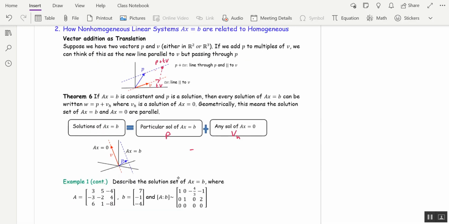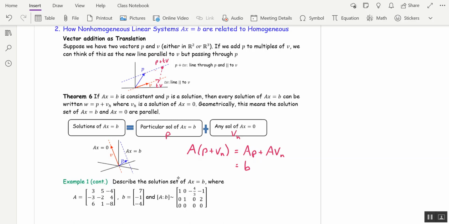Here's why that is true. Suppose we take A, multiply by this purported solution w, p plus vh. According to the theorem, that should be a solution of Ax equals b. Well, let's distribute. That's Ap plus A v sub h. Now, by supposition, Ap is b, because p is a solution to Ax equals b.